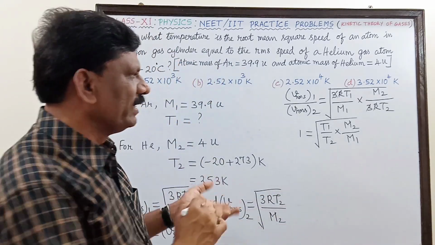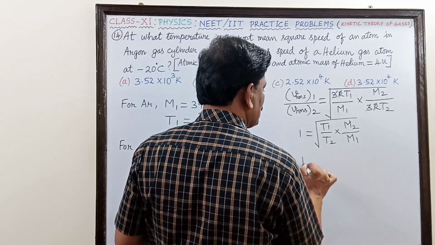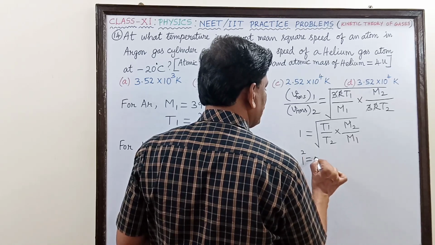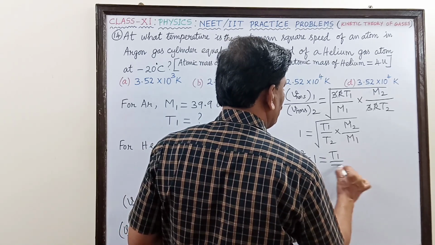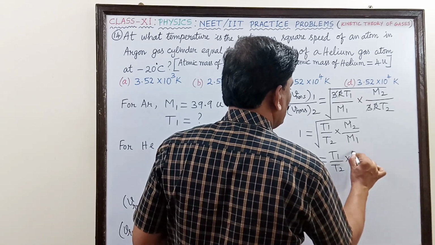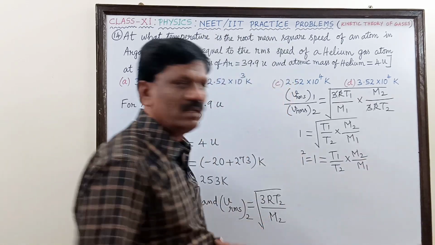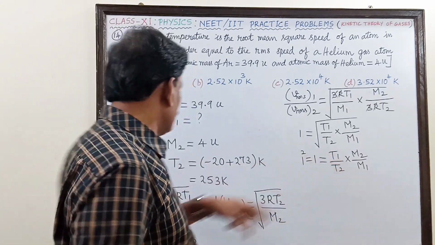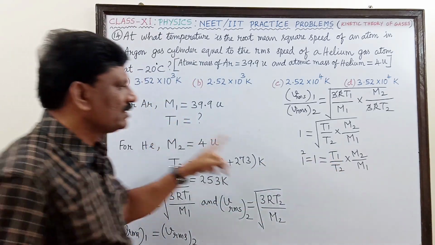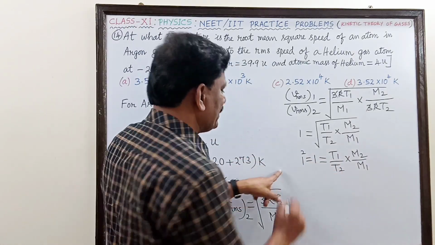Now if I square both sides, 1 squared is also 1. The right hand side is T1 by T2 into M2 by M1. What is required here? T1 has to be determined. So I can shift this to the left hand side.